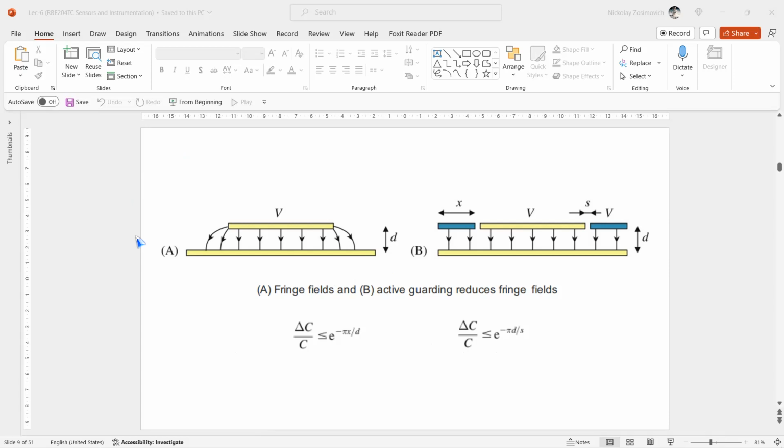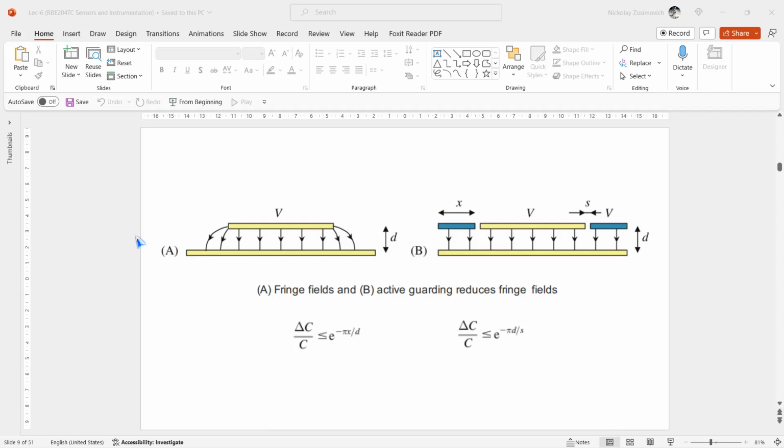The result is that the electric field is homogeneous over the total area of the active electrode, assuming infinite guard electrodes and zero gap between the two electrodes.